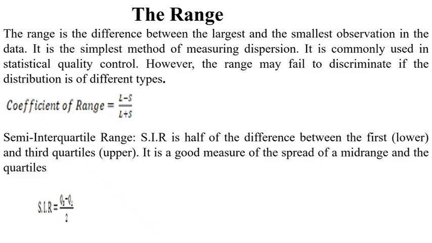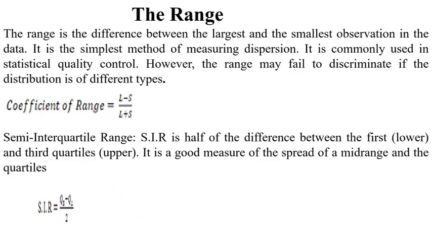When we say the difference between the first quartile, the last time we talked about quartile, I told you that we have 25%, which is the first quartile, 50 is the median, second quartile, 75 is the third quartile, while 100 is the fourth quartile.